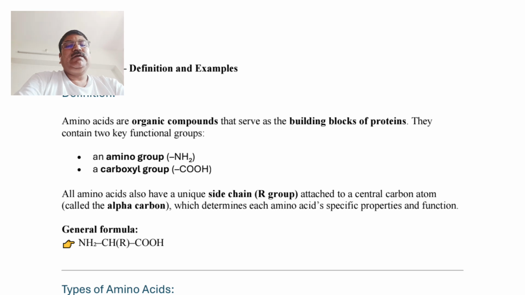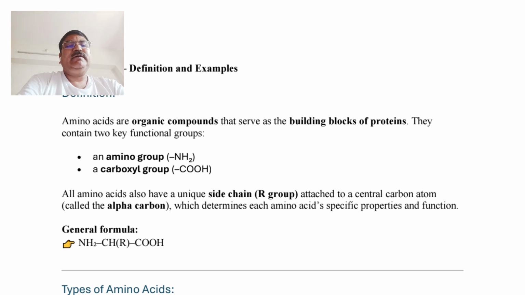Alpha amino acids are generally represented by the general formula, see in the slide, NH2, CHR and COOH. This is the general formula of alpha amino acid.